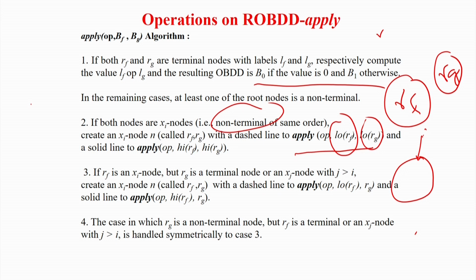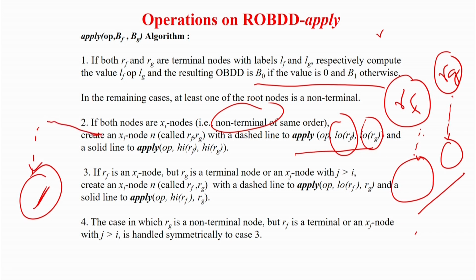So this new node will come up, corresponding to the left child of this and the left child of the other. Both the left children you take, go for the operation, and this will result in the left child node corresponding to RF and RG.